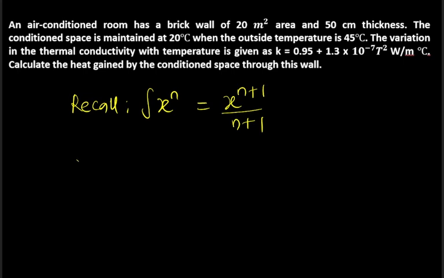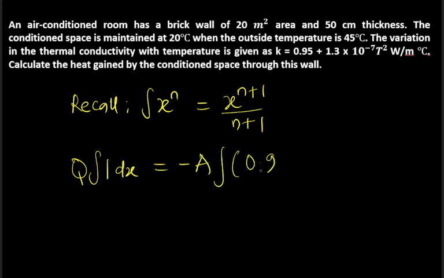We are going to have Q, integral of 1 dx, equal to negative A integral of 0.95 plus 1.3 times 10 to the power of minus 7 T squared.